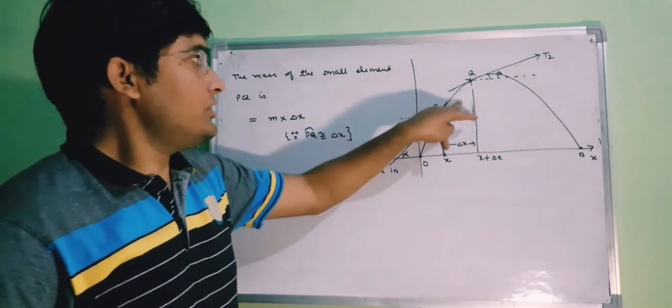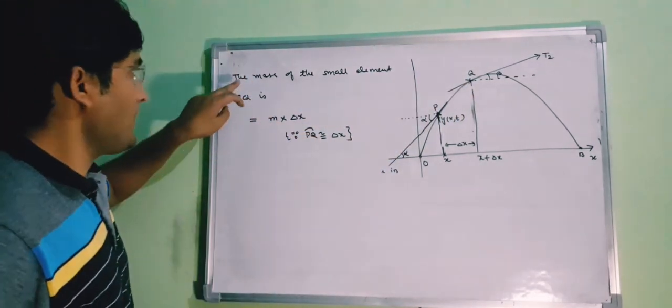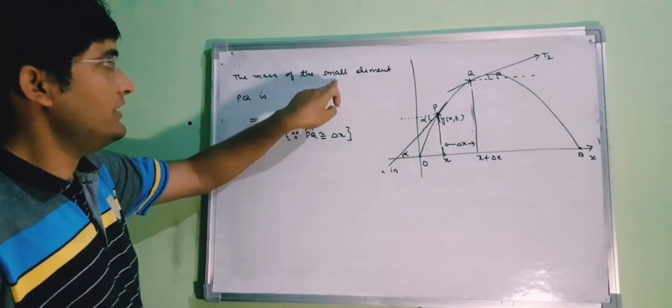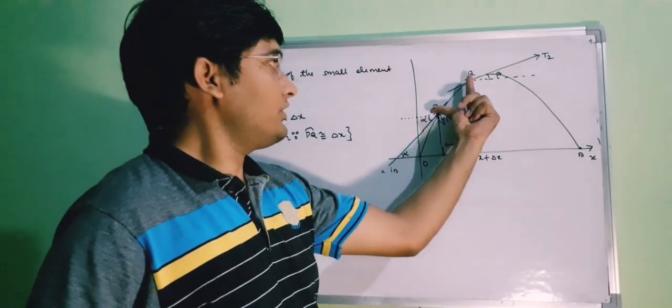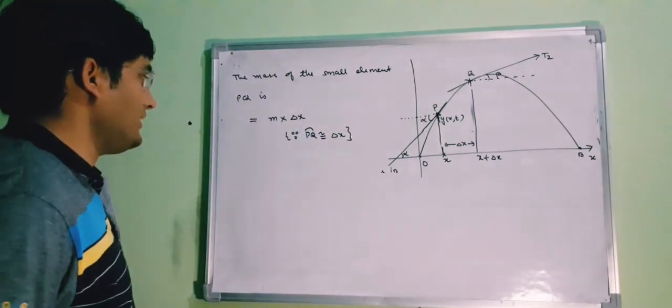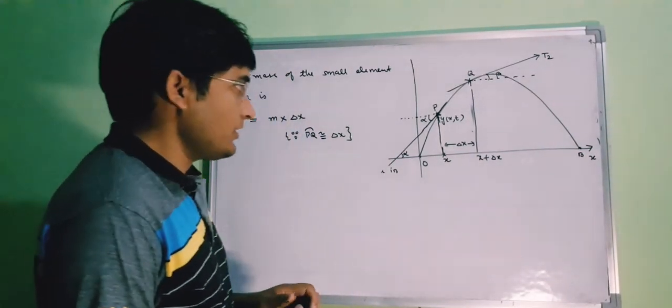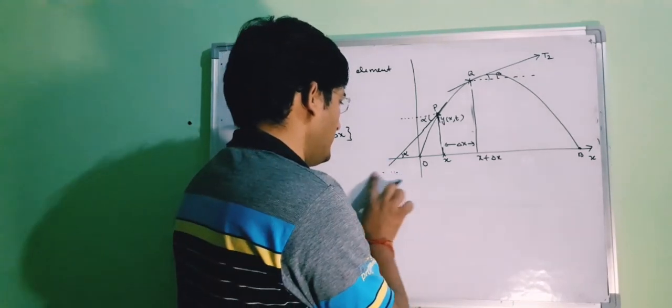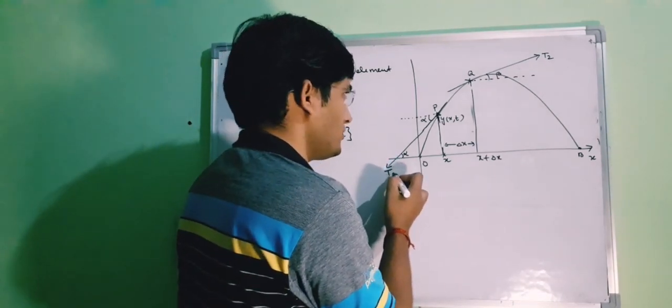So the length of PQ is delta x. Hence, the mass of the small element PQ will be m times its length, so this will be m times delta x.